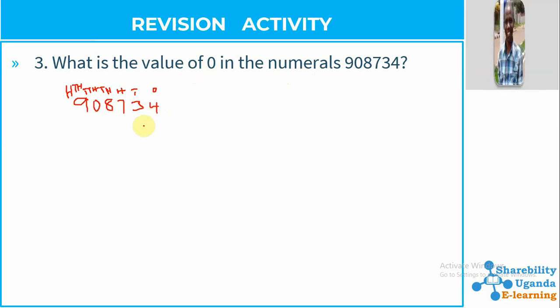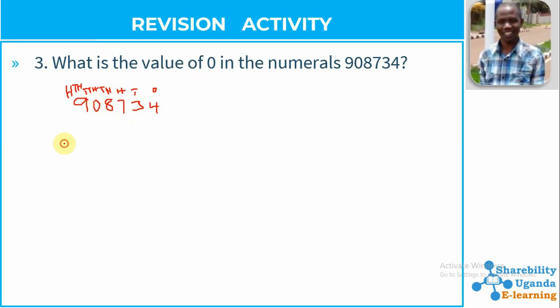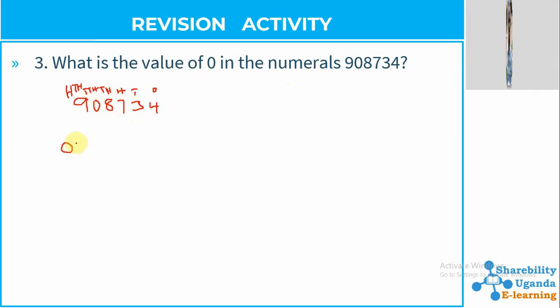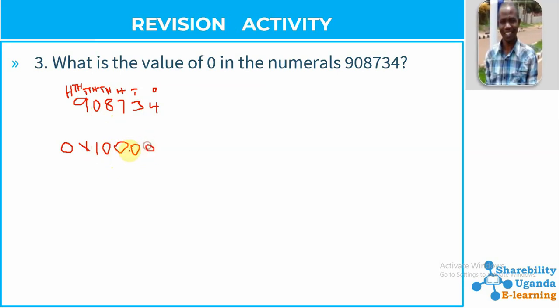We have found out that our 4 is in ones, 3 is in tens, 7 is in hundreds, 8 is in thousands, then 0 is in ten thousands. So we say our 0 times its place value, which is 10,000, with 4 zeros.